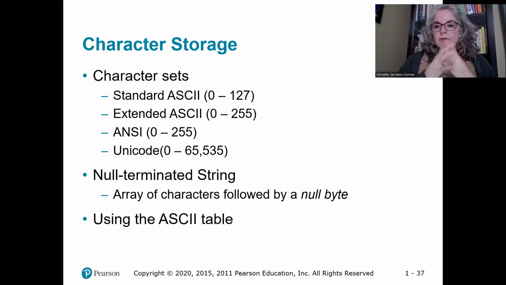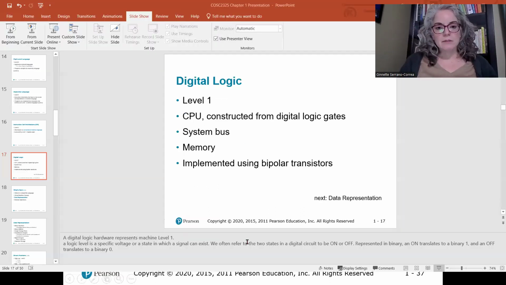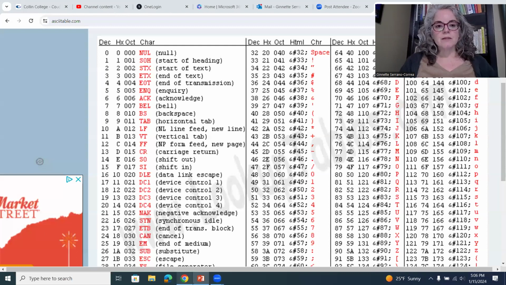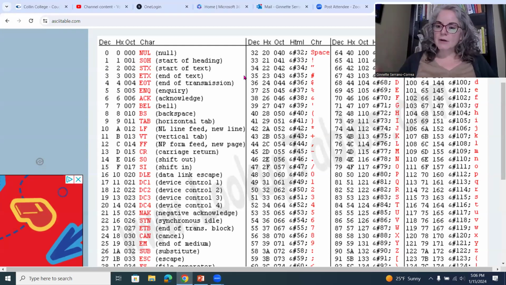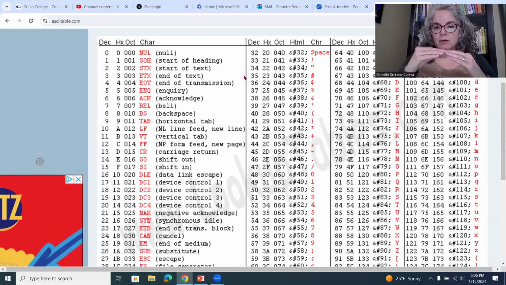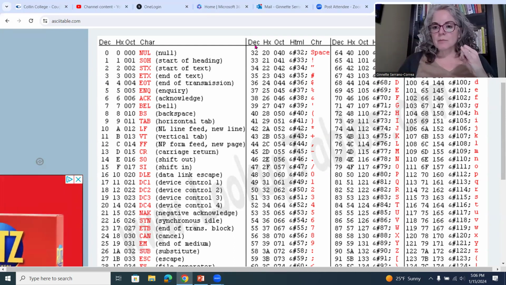Again, if you've taken my class before, you've looked at the ASCII table. We're going to be looking at the ASCII table. It looks like this. Every character that you see on your keyboard is mapped to a decimal number, a hexadecimal number, octal, binary.